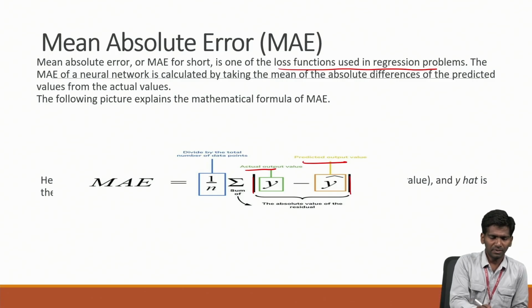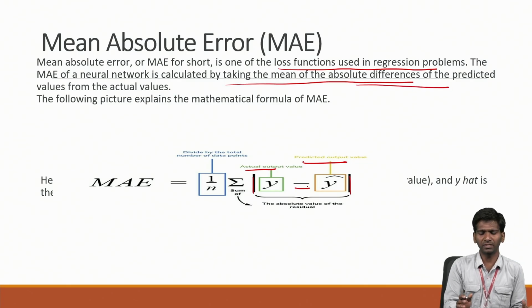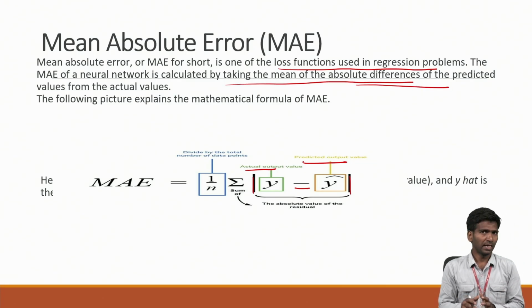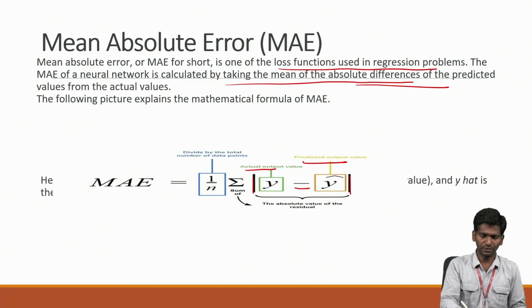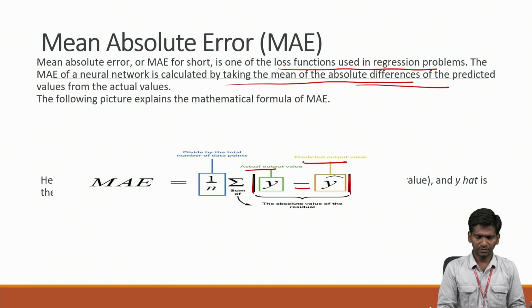Mean absolute error is calculated by taking the mean of the absolute differences. We take the difference between the actual value and the predicted value, and then apply absolute values. That is mean absolute error.